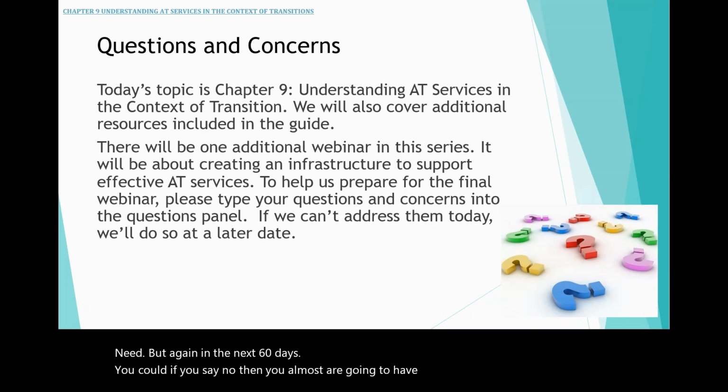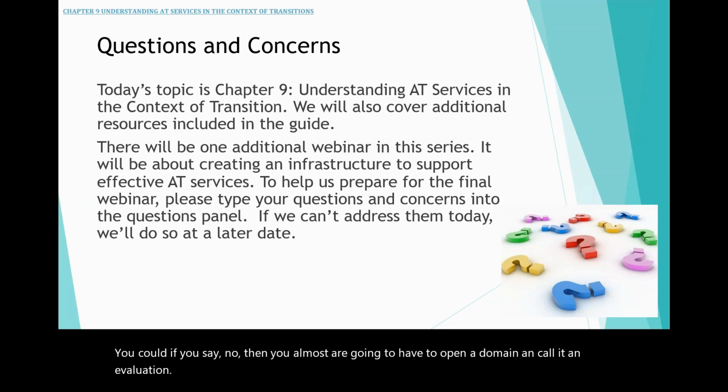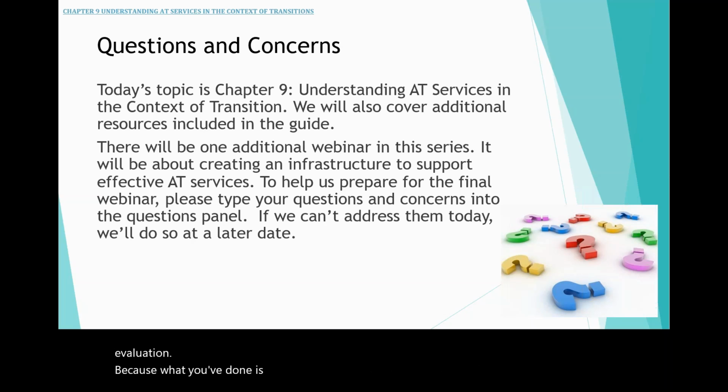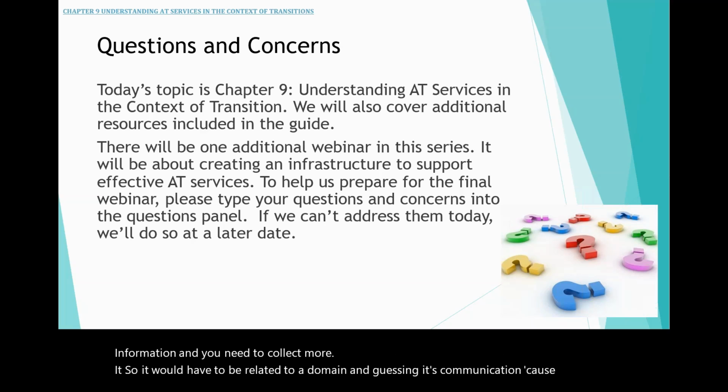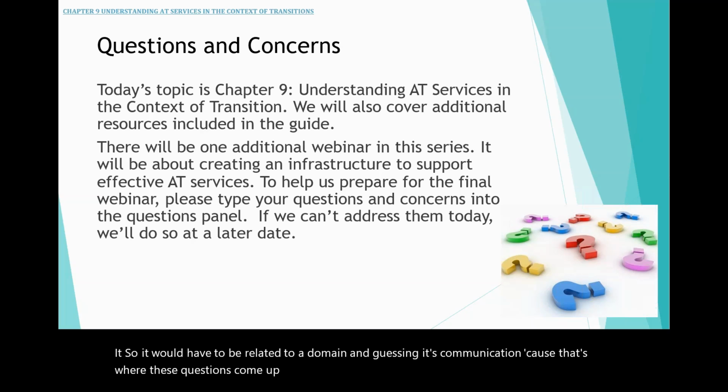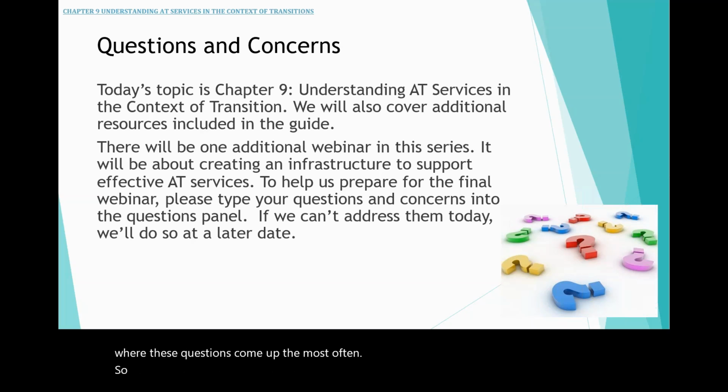If you say no, then you almost are going to have to open a domain and call it an evaluation, because what you've done is identified an area where you don't have enough information and you need to collect more. So it would have to be related to a domain. I'm guessing it's communication, because that's where these questions come up the most often.